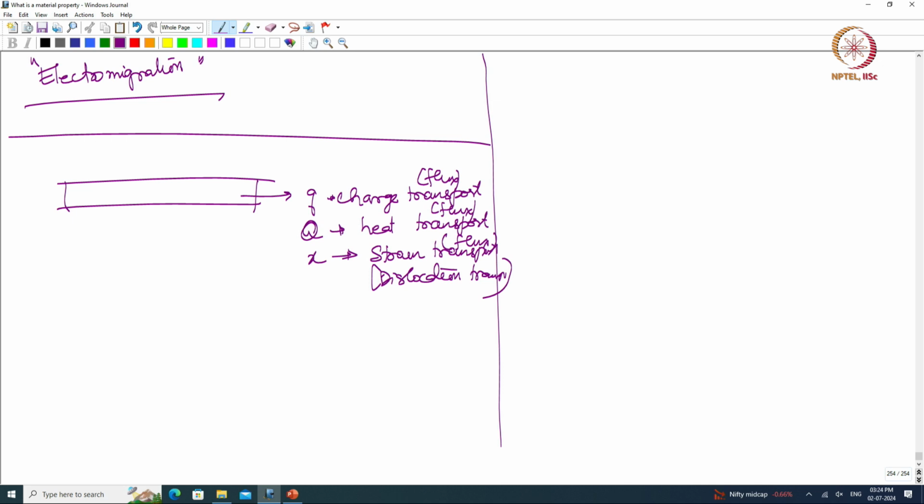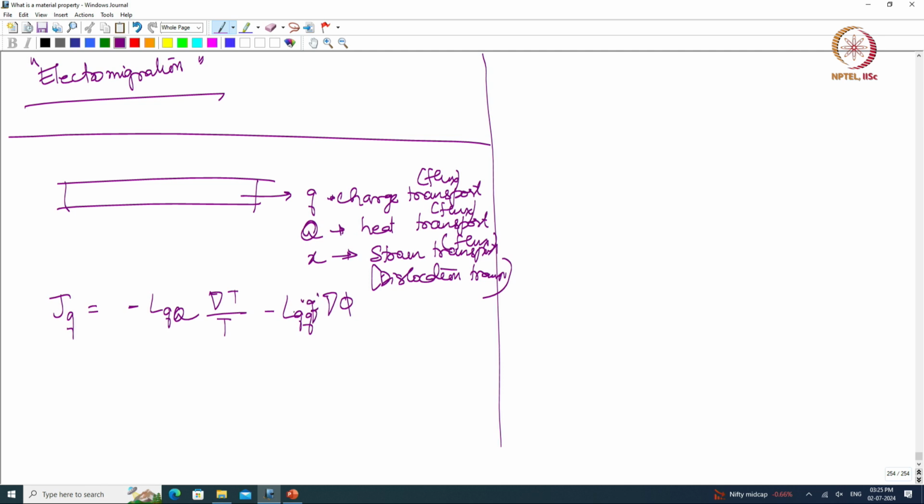So, with that assumption I wrote J_q is equal to minus L_qq gradient of T minus L_qq del phi, right, E del phi. So, it will be q del phi, right.